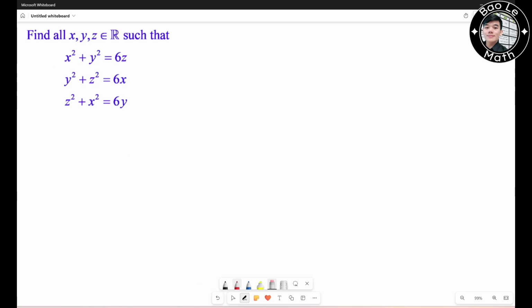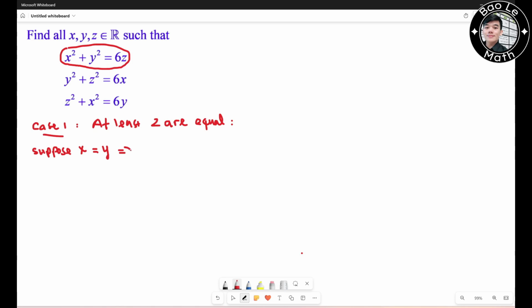Alright, so let's start with the first case. Case number 1: at least two are equal. Suppose x equals y. If x equals y, we just substitute this into the first equation.